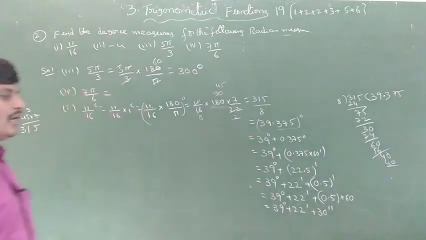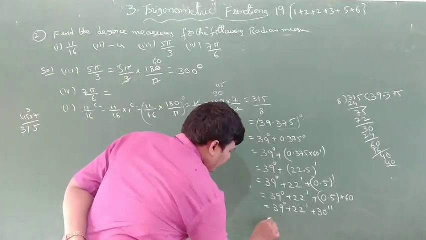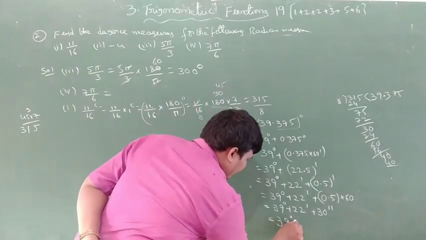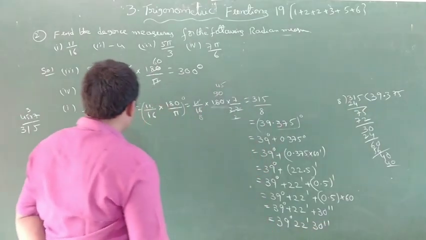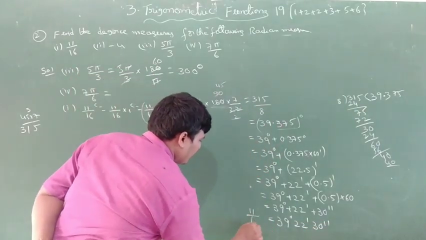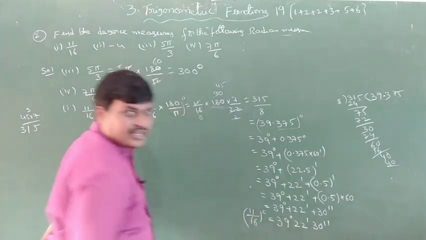Finally it is 39 degrees, 22 minutes, 30 seconds. This is the answer for 11 by 16 radians.